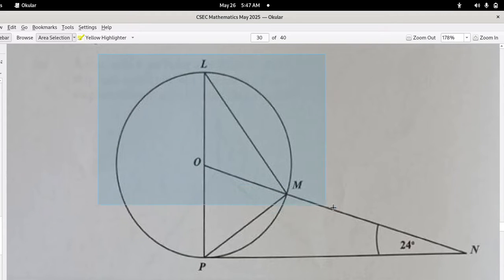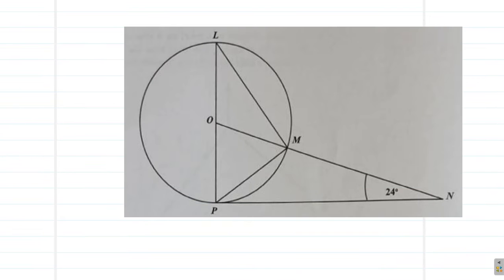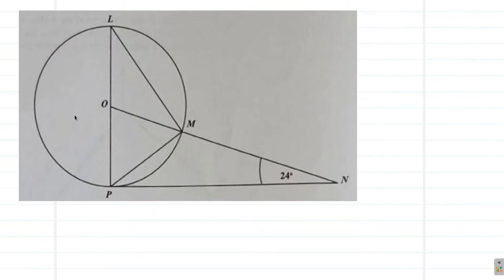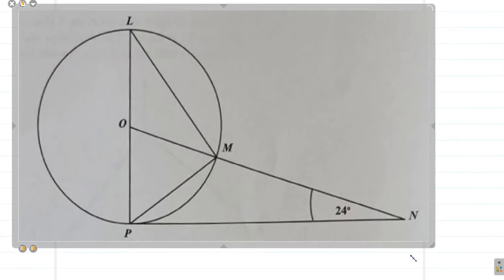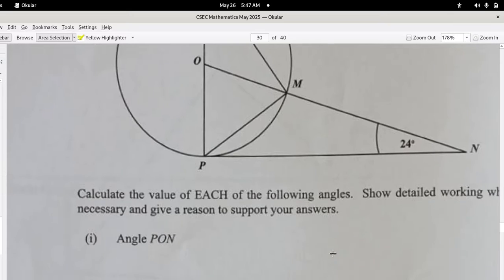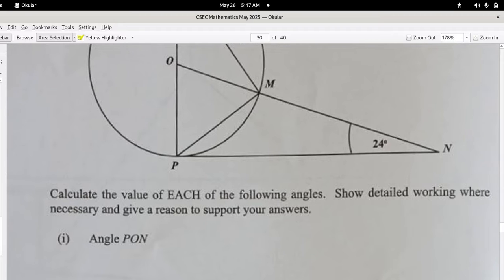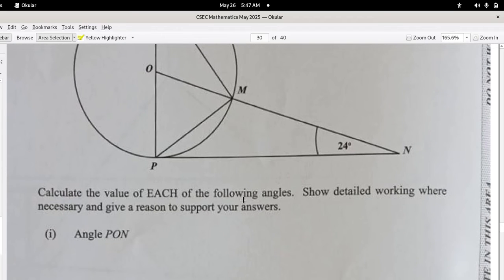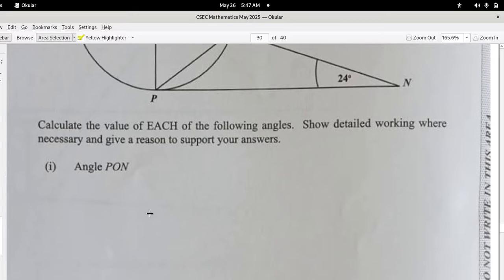Alright, let's copy and paste the diagram. Now, calculate the value of each of the following angles, showing detailed working where necessary, and give a reason to support your answers. Angle PON.